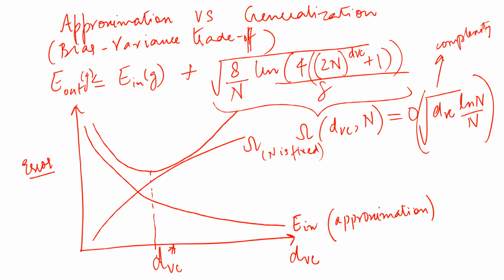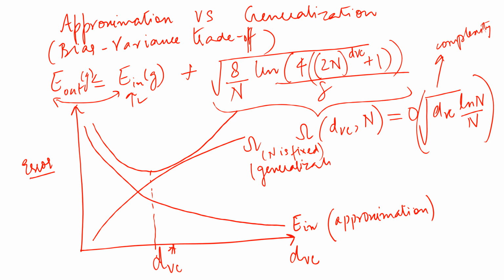So basically what we're trying to do is get a small E in, right? But we also want this link to be maintained. This should be small, of course, we all agree to that. And in order for that link to be maintained, I also need my complexity to be somewhat small, right? So this is exactly the trade-off between approximation and generalization, because this is where you're trying to generalize.